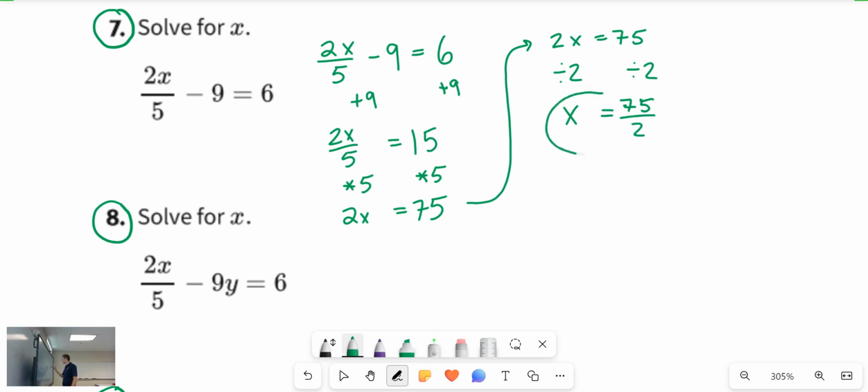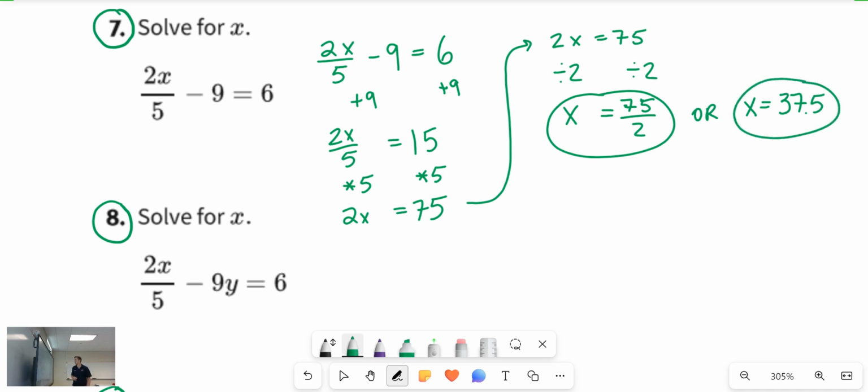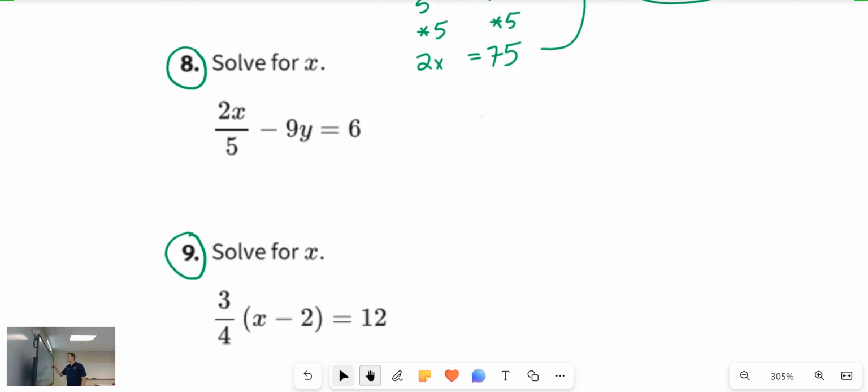We could have that as our solution. Or if you really wanted to make it a decimal, we could write x equals 37.5. That is also correct. We have it as a fraction or as a decimal, but those are the same number.